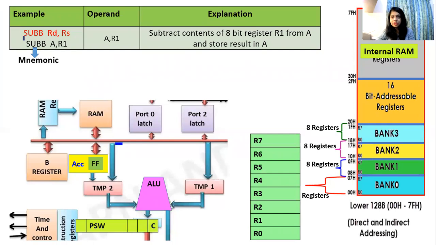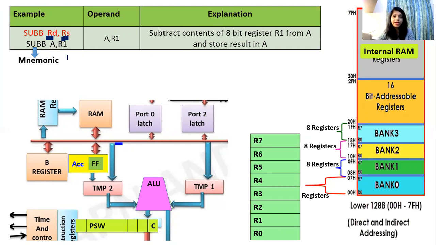Now next instruction is subtract with borrow. Here carry represents borrow. In subtract instruction, carry flag again represents borrow. What does this instruction say? Subtract with borrow, RD destination register and source register. Again, I have taken same example A comma R1.